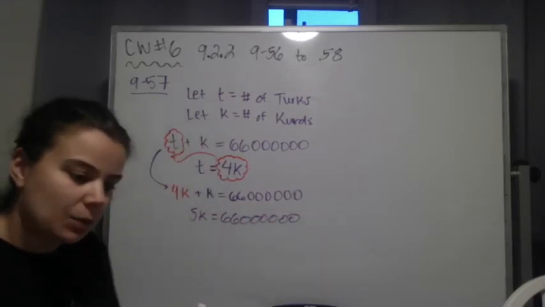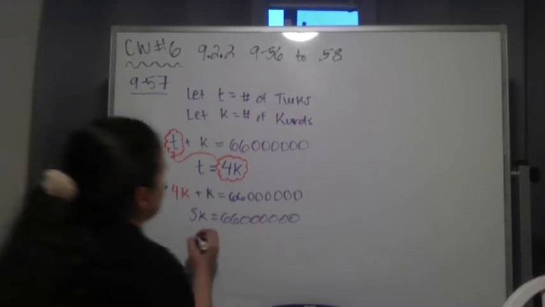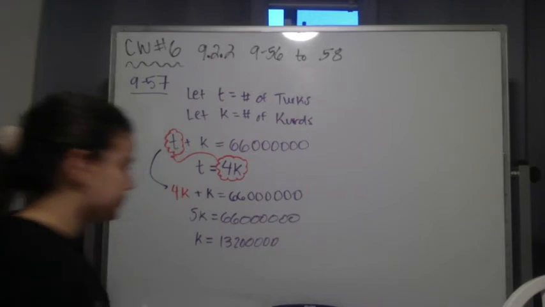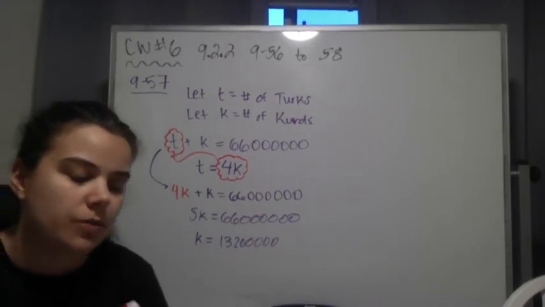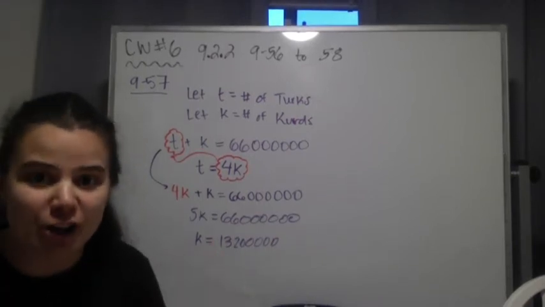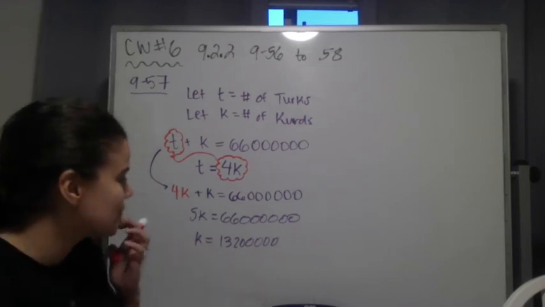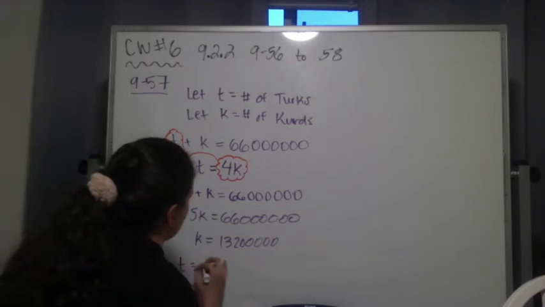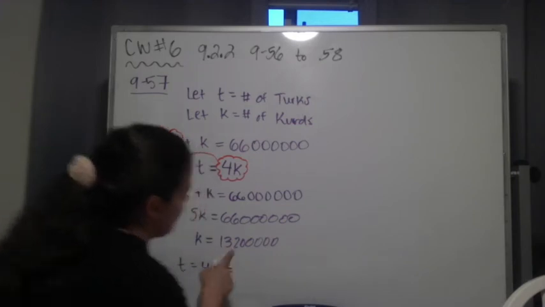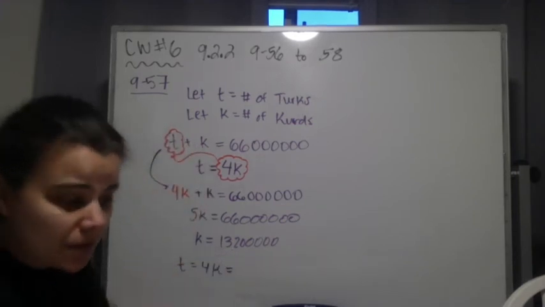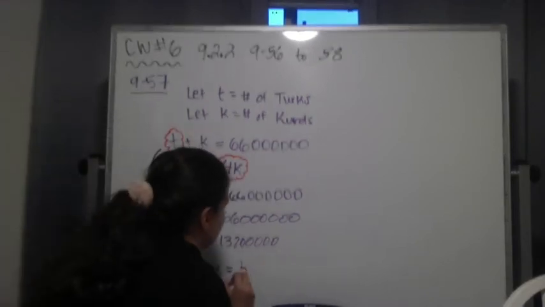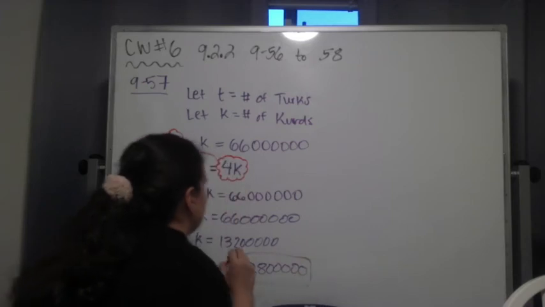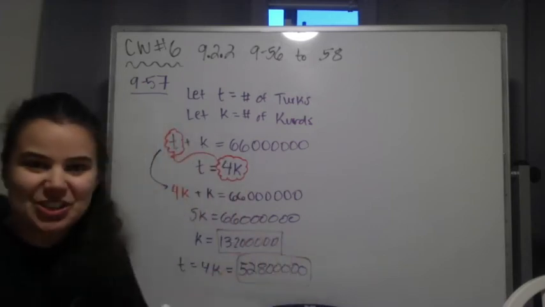And that means that we get K is equal to 13,200,000. So from there, if that's the number of Kurds, we can also figure out the number of Turks, which is just 4 times that amount. So we get T is equal to 4K. So just multiply this number by 4 to get 52,800,000. And those are our solutions.